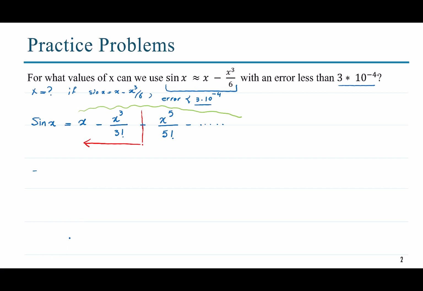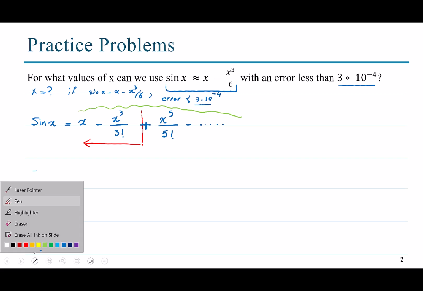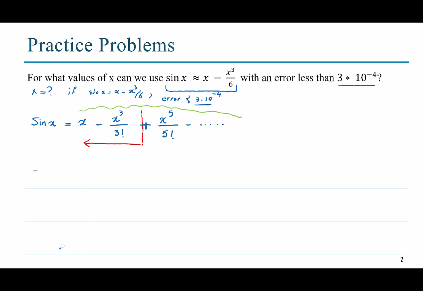And also, let me fix this here. And also looking at it, we can see that we have a negative sign every other term. So this looks like an alternating series. So I can actually write this as an alternating series, saying that for x smaller than 0 and greater than or equal to 0, I have formulas. When x is greater or equal to 0, then I have the formula for the Taylor series for sine, which is this.